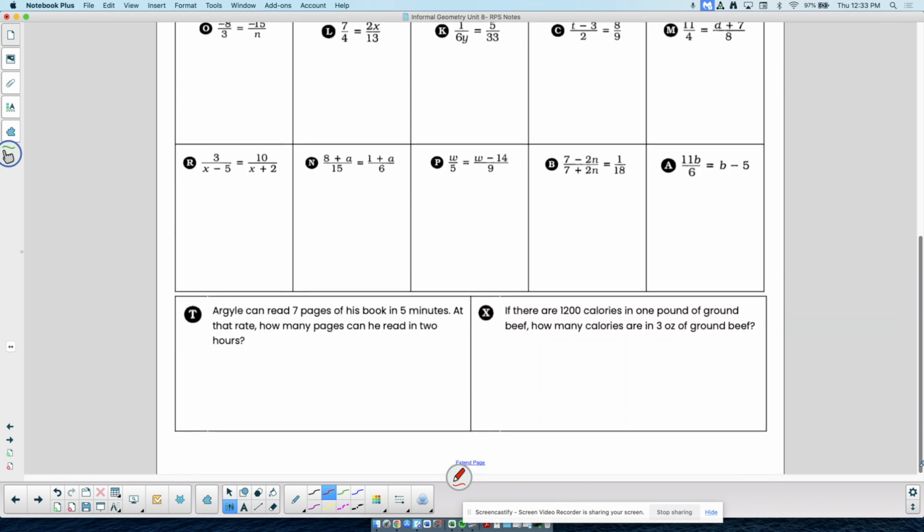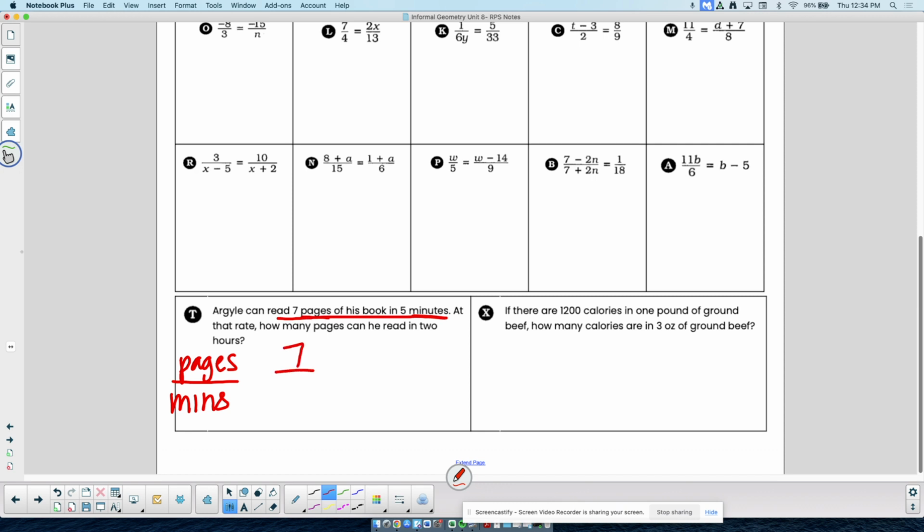But maybe let's set up these 2 bottom ones, and you can solve them after. It says Argyle can read 7 pages of his book in 5 minutes. At that rate, how many pages can he read in 2 hours? All right, so we're looking at pages and minutes, right? So if we write the first part, he reads 7 pages in 5 minutes.